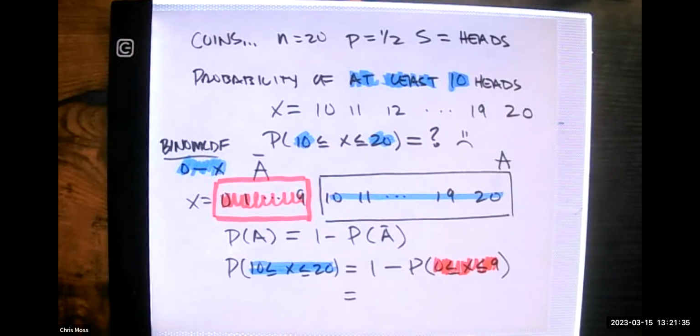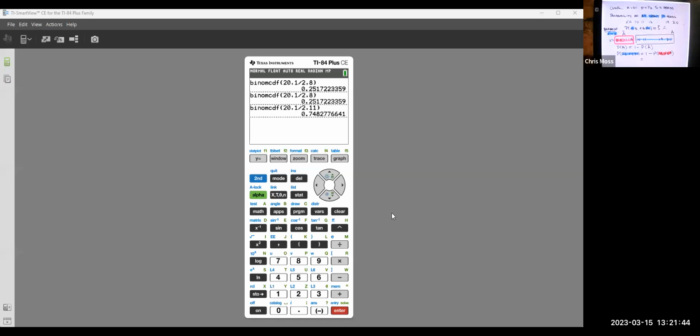So follow me over to my calculator in the best digital sense. There's my calculator. I'll literally go 1 minus, and then I'll pick up my binomial CDF function, with the 20, the 1/2, and this time the value is 9.